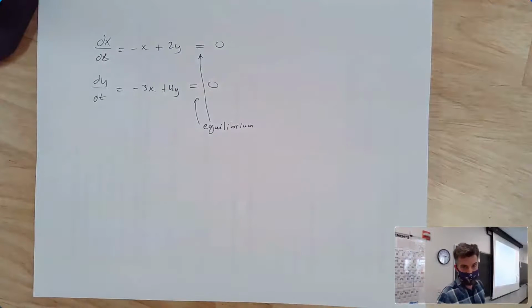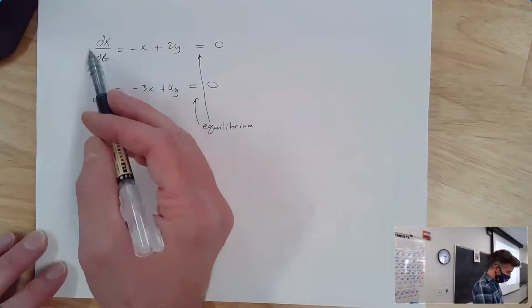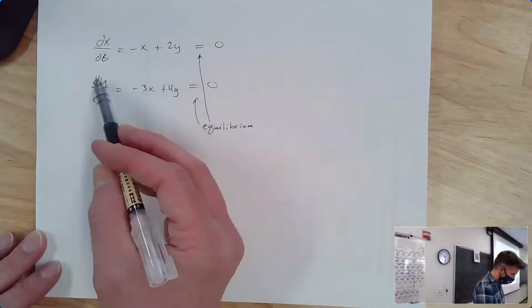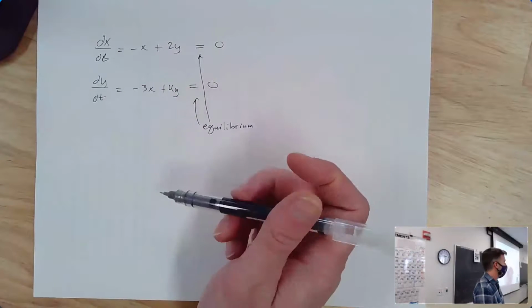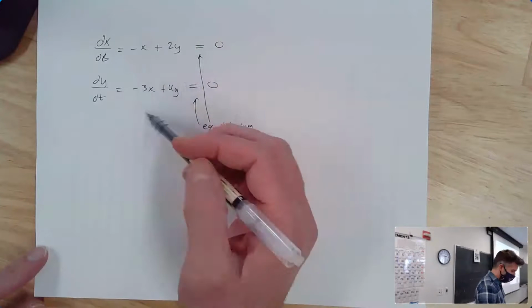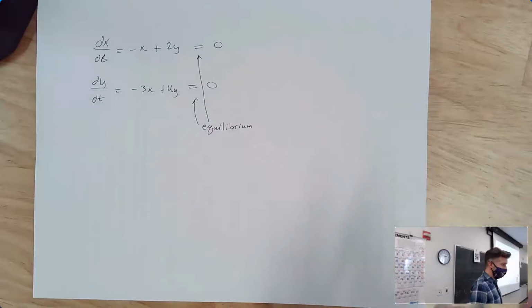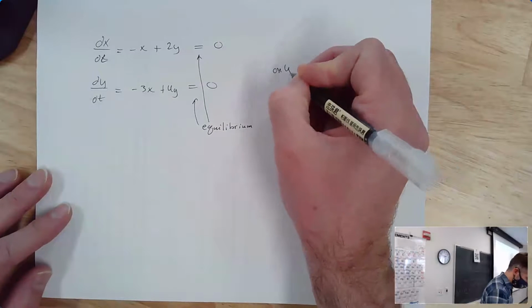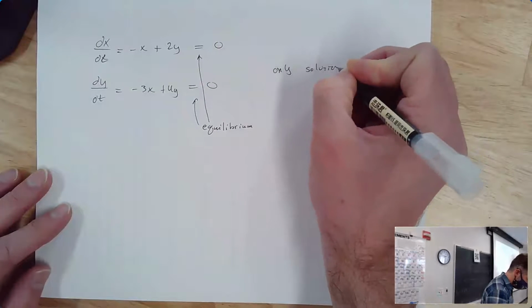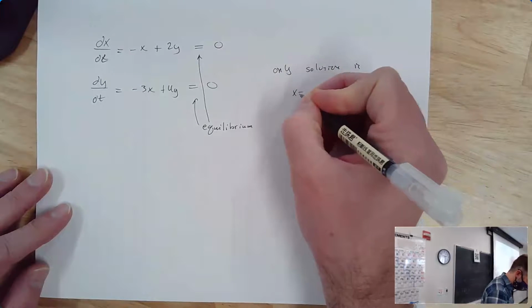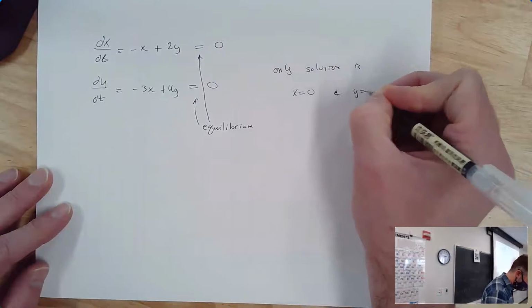If we want to be in equilibrium, it means the rate of change of deer and the rate of change of wolves is 0. That's what this says. The rate of change of wolves is 0. The rate of change of deer is 0. And the only solution to this system of equations, and this is very, very typical, is x equal to 0 and y equal to 0.